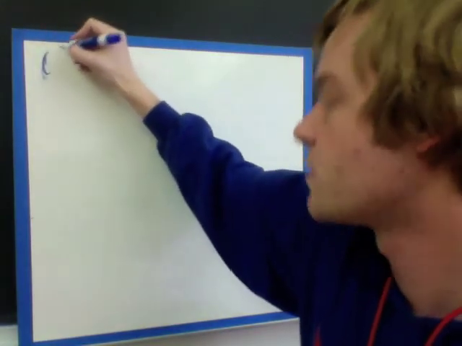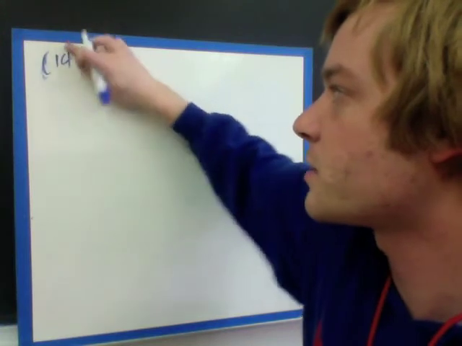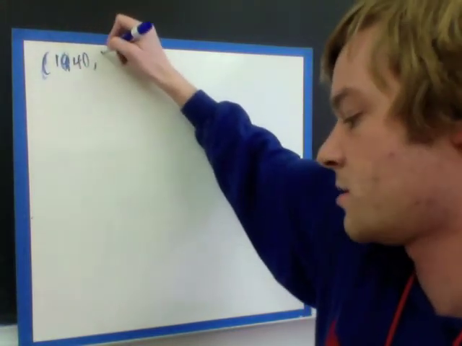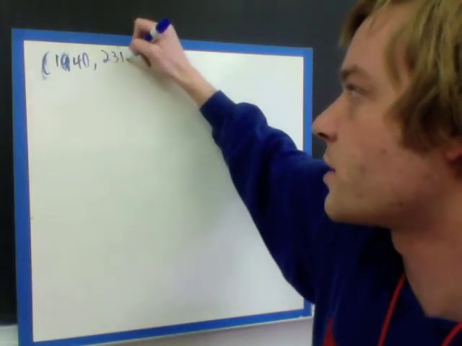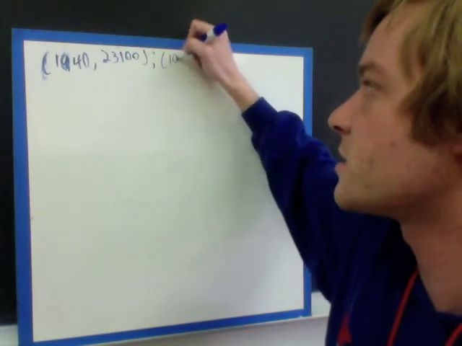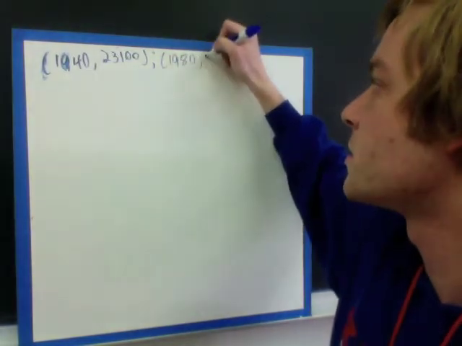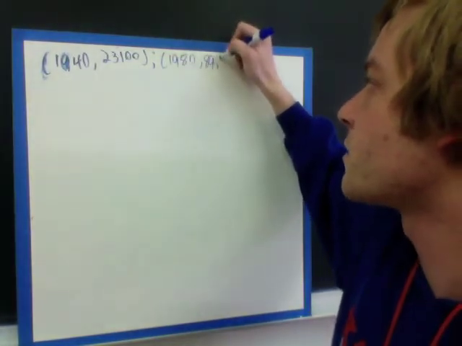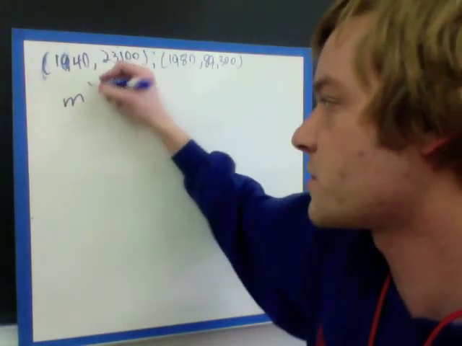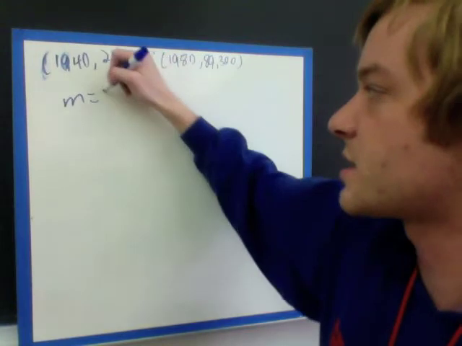We've got 1940, 23,100, and our second point was 1980, 89,300, and our m, as we just found, was 1655.